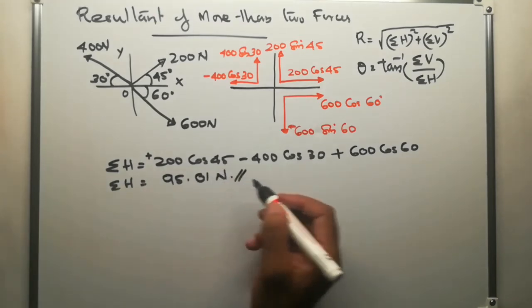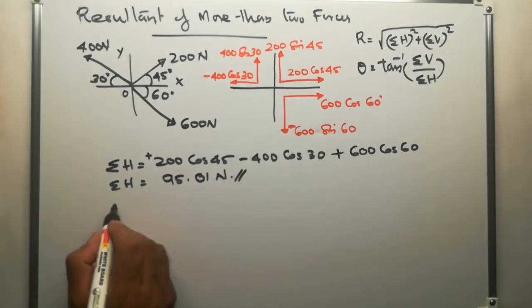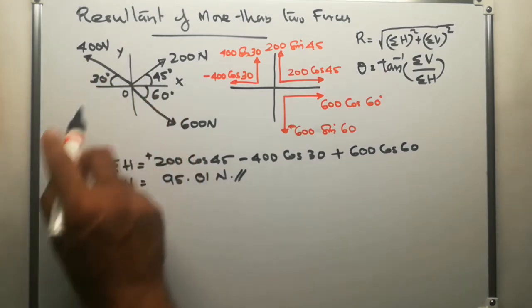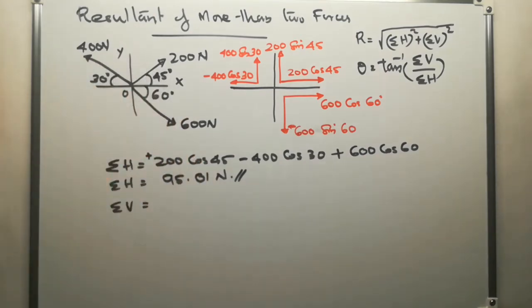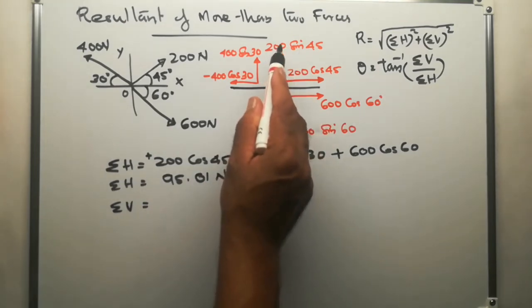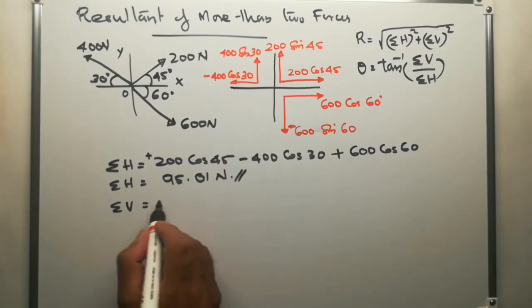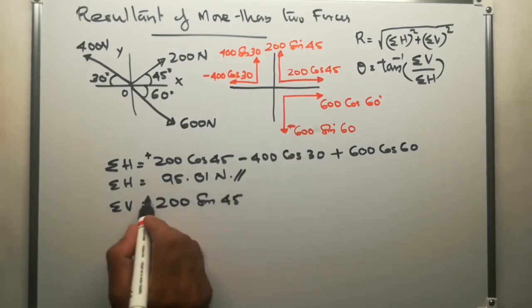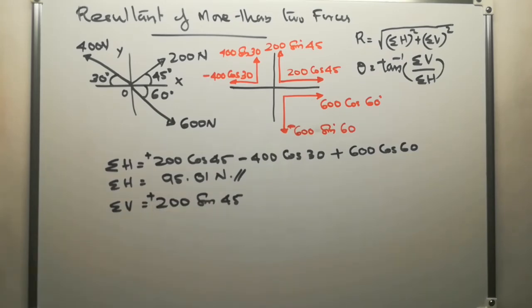And then we will find out sigma V, that is the algebraic sum of all the vertical components of these three forces, that is 200, 400 and 600 Newton. So which are the components? First component is of the first force, its vertical component is 200 sin 45, and its sign is positive. Then the second one is 400 sin 30.